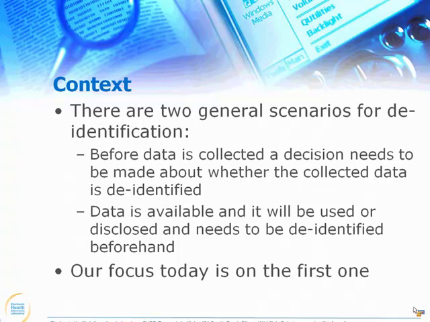So you have a registry, for example, data has been collected and someone has made a request to access that data, and you want to do a re-identification risk assessment to determine whether the data is identifiable or not, and figure out how to de-identify it. Today our focus is on scenario one. We're looking at the situation where you do not have any data collected already, you don't have a database, and the objective is to do a risk assessment.